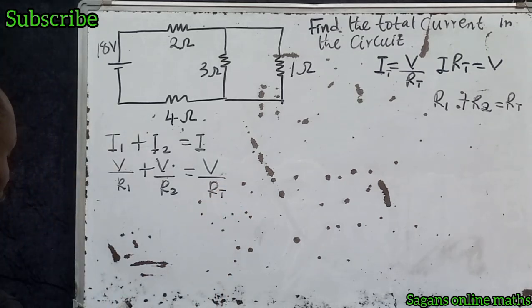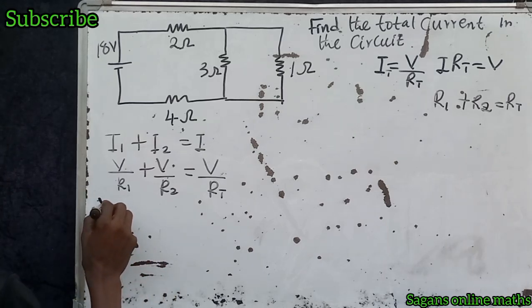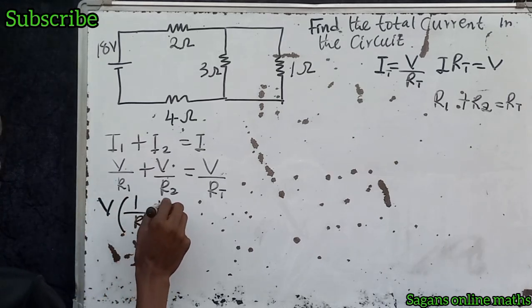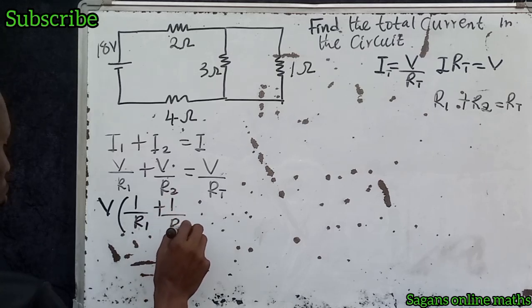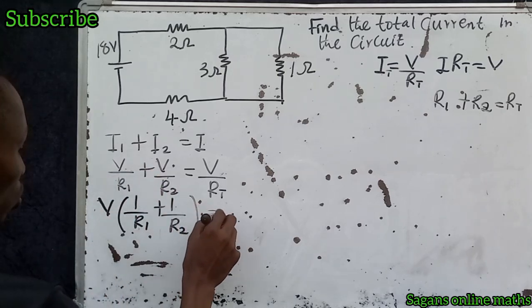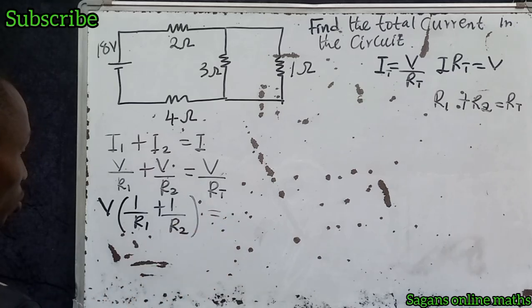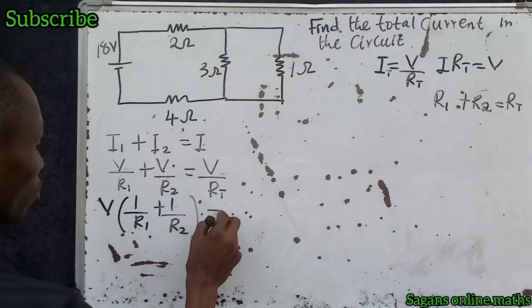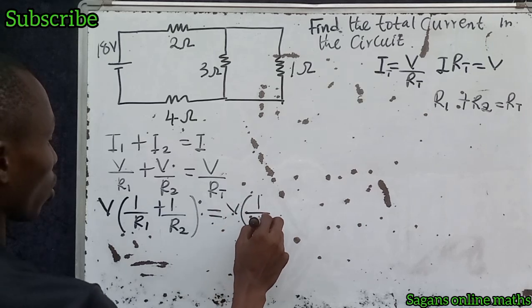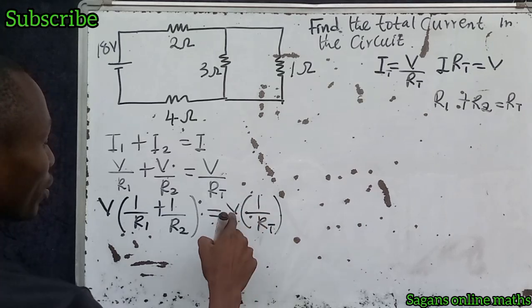Now we can factorize something here, right? We can do something very interesting. We can bring out V into 1 over R1 plus 1 over R2, equals V into 1 over R total.